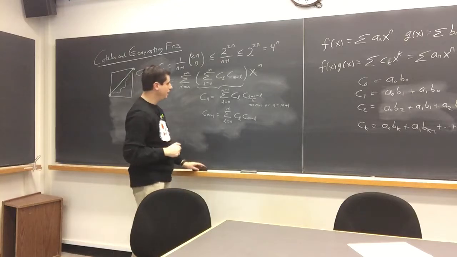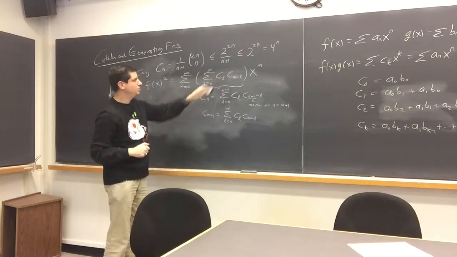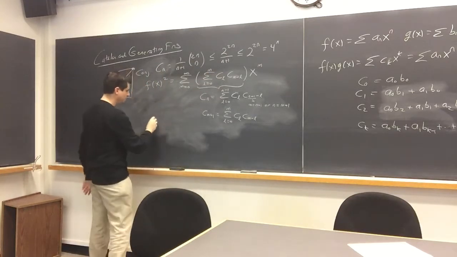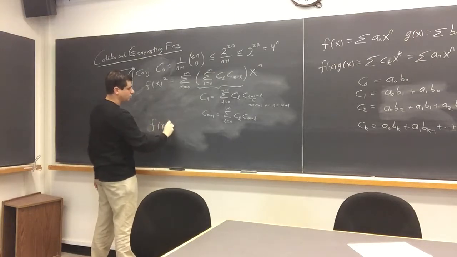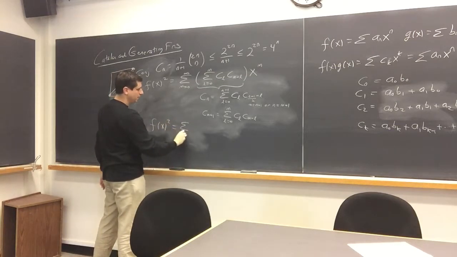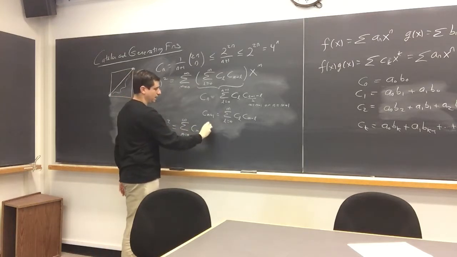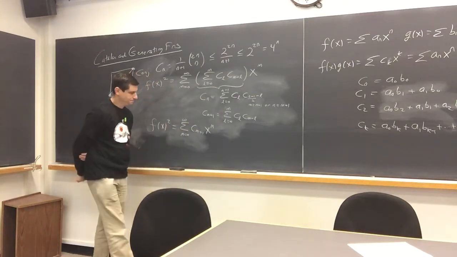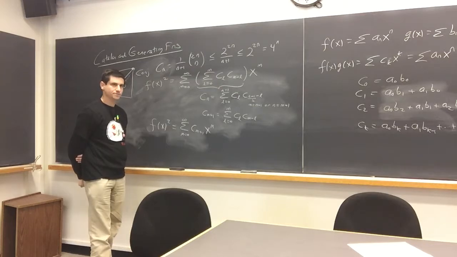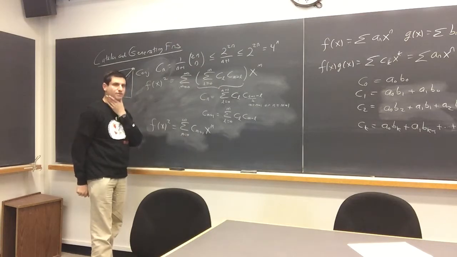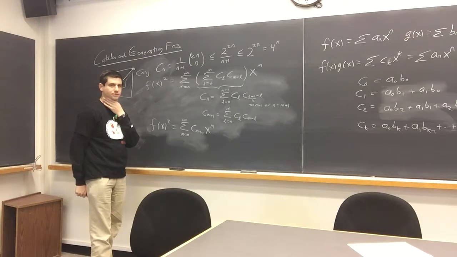And so now that we know that, we can use this to substitute for this. And we'll get f of x squared is the sum m goes from 0 to infinity of c_{m plus 1} x to the m. What would you like to change? Multiply by x.